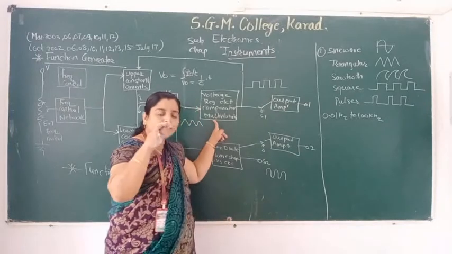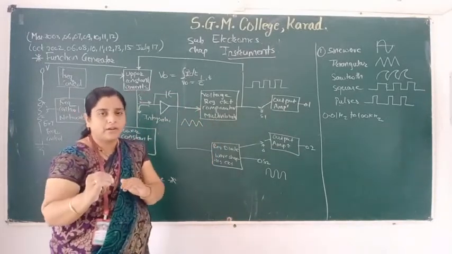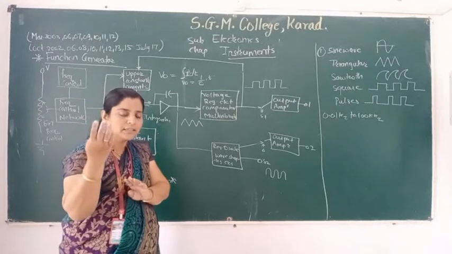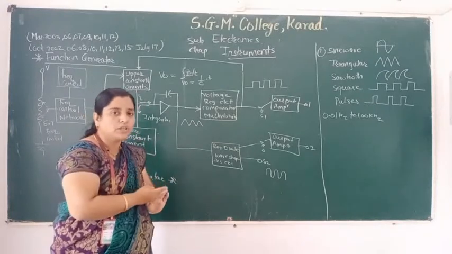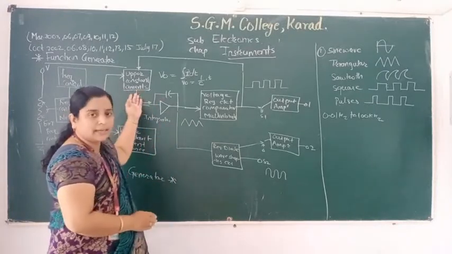It decreases up to a certain level, and then it again cuts off and switches on to the upper current source again.